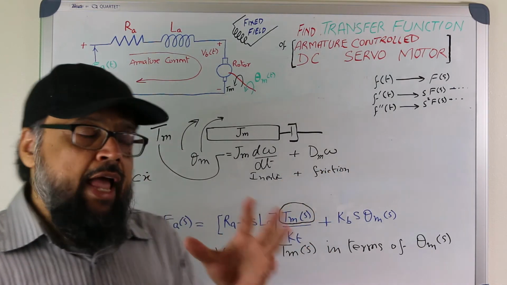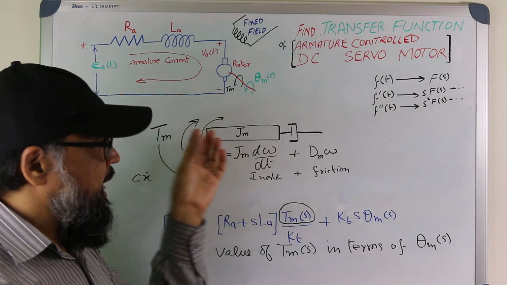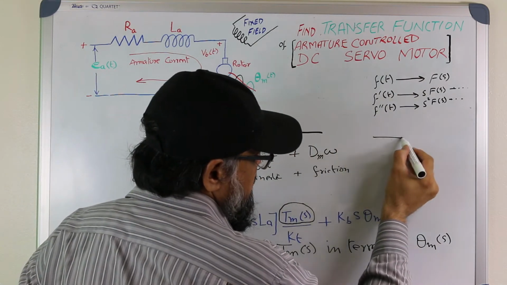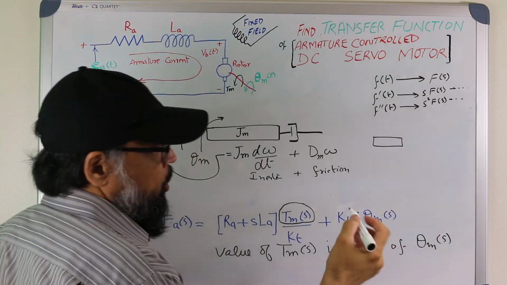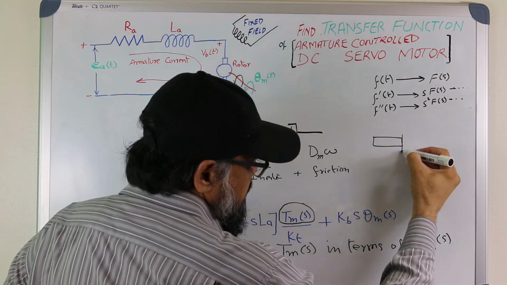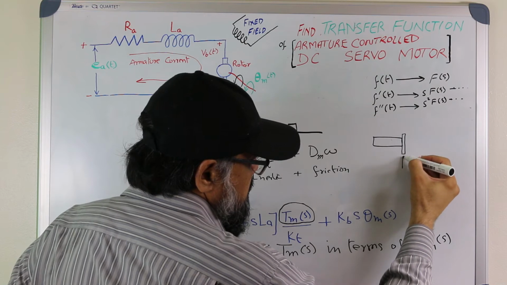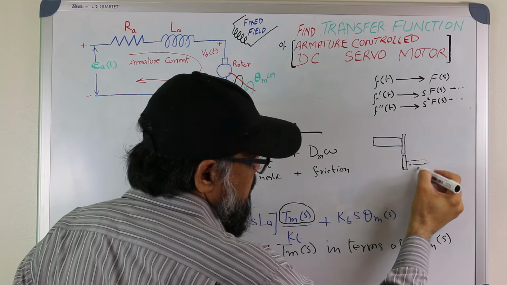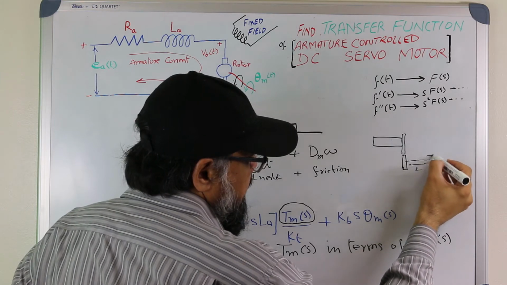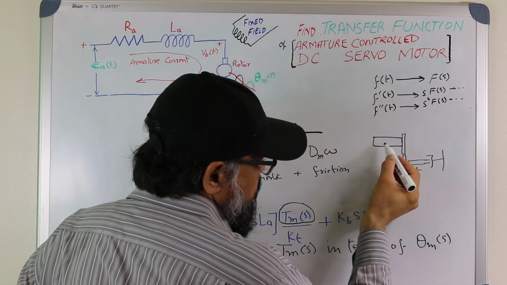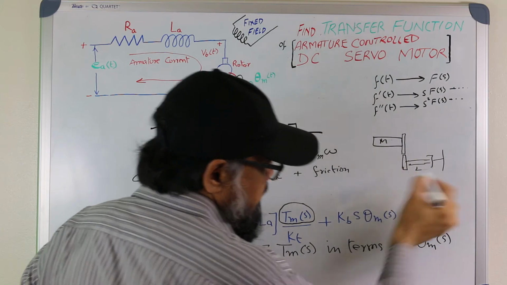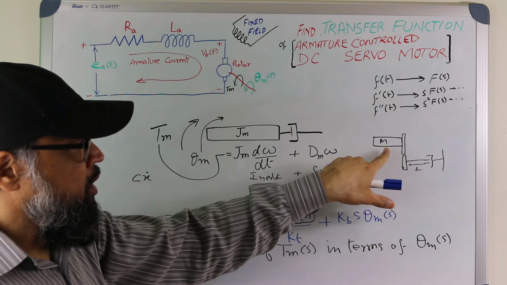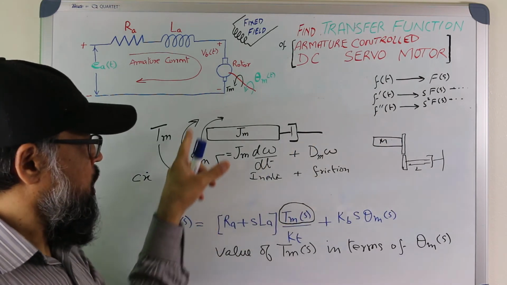So actually this motor must be attached with some load. In the real diagram, which we will discuss in the next video, this motor has some gear, you can see, and then there is a load attached. So this is load, and then we have a damping here. This load is contributing to the total inertia which is overcome by this torque.